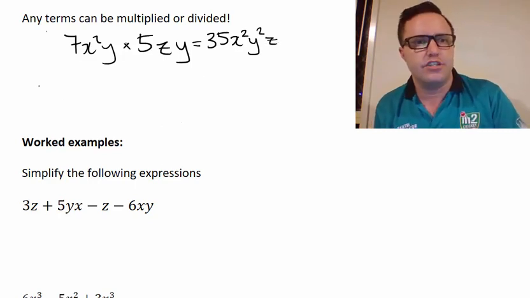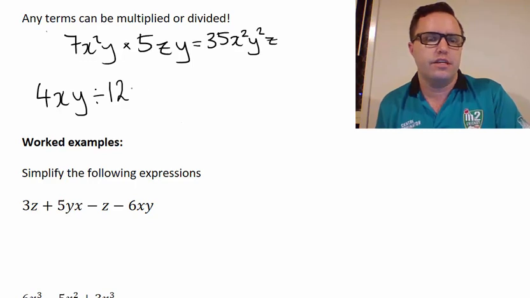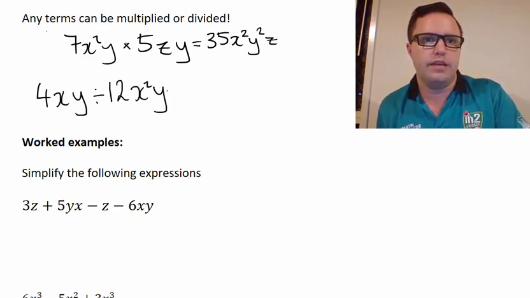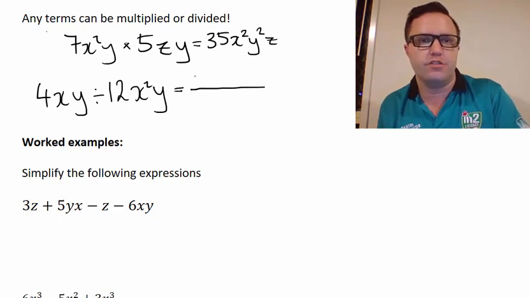Okay, similar with division. If we had 4xy divided by 12x squared y, you could rewrite that as a fraction. So 4 divided by 12 is 1 over 3, a common factor of 4.